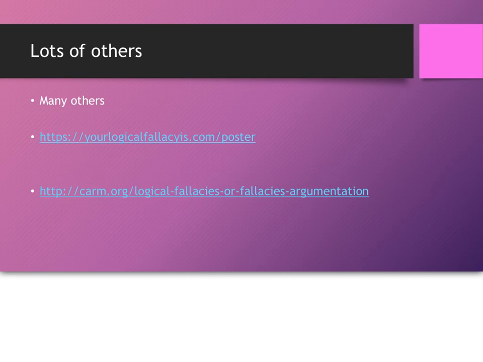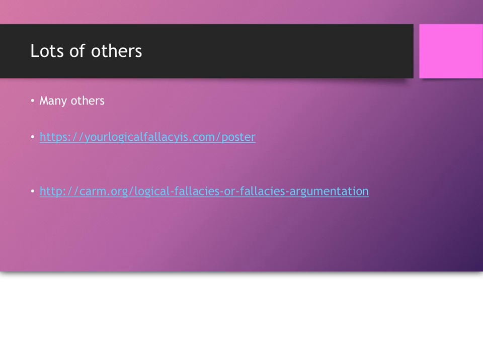And there's lots and lots of examples of these. I have included 2 links. Now, I'm not advocating for these 2 websites or anything like that. I used those because those were the first 2 that came up in the Google search that I did. There's lots and lots of other logical fallacies.